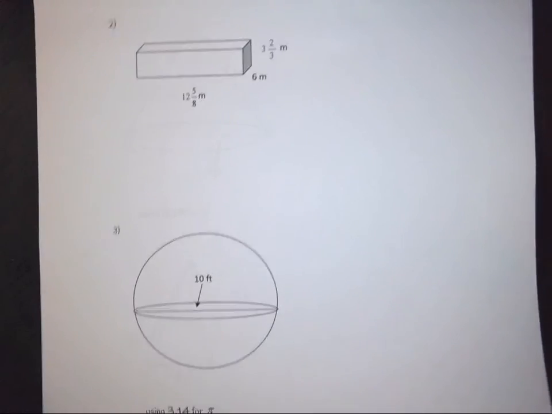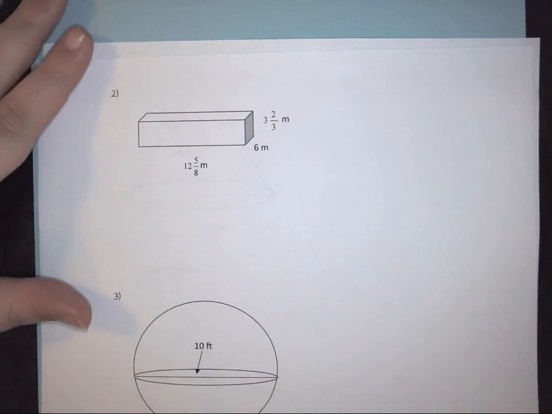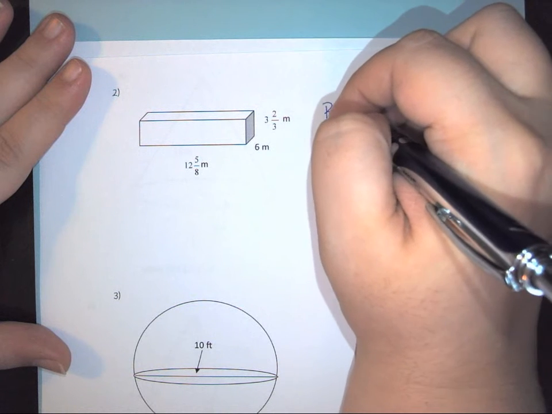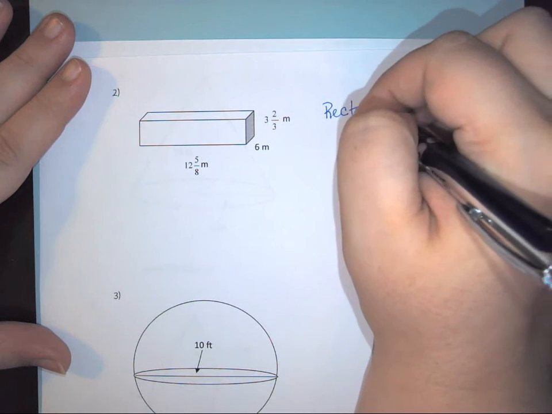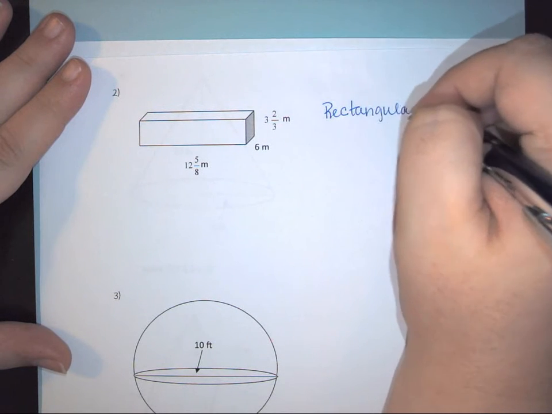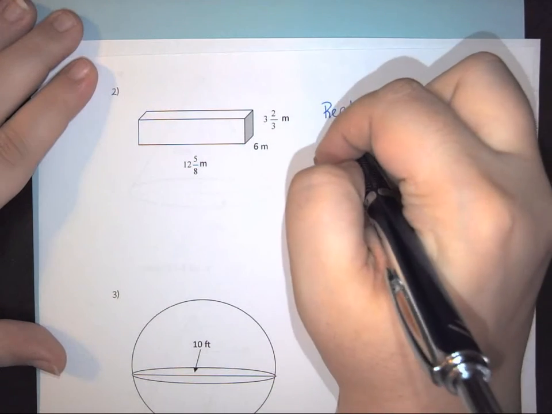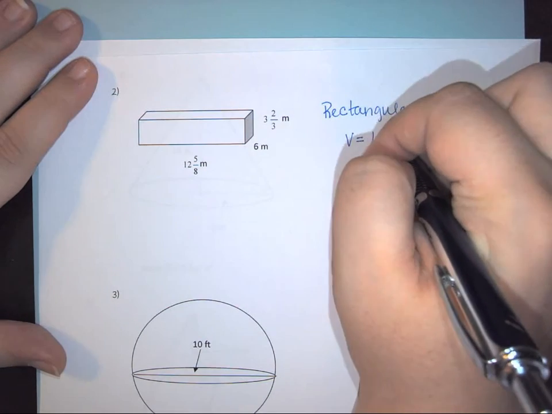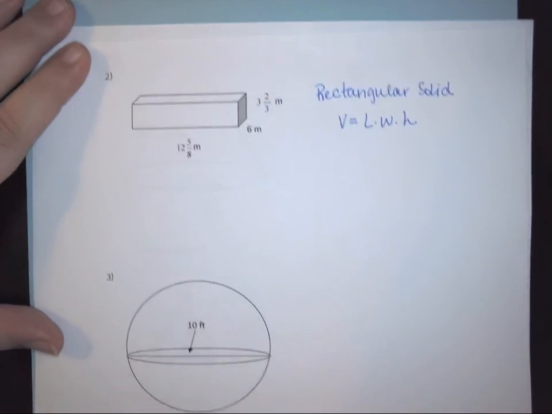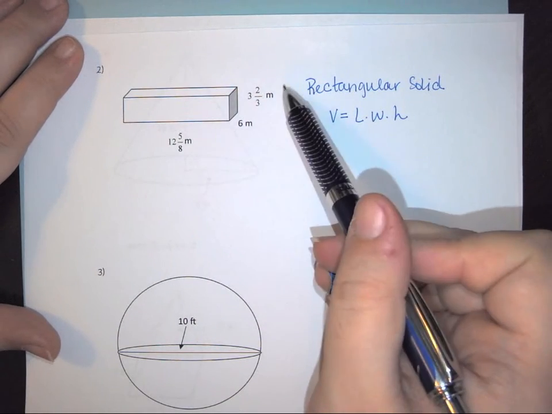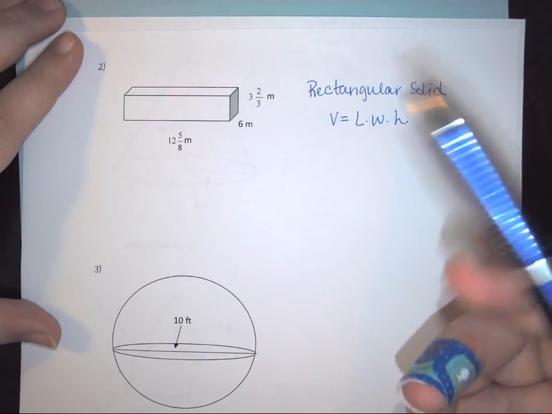Okay, let's look at a different one. This one here is considered to be called a rectangular solid, which means its volume is going to be length times width times height. So here, notice again, I've got these fraction things going on and my direction said to round.